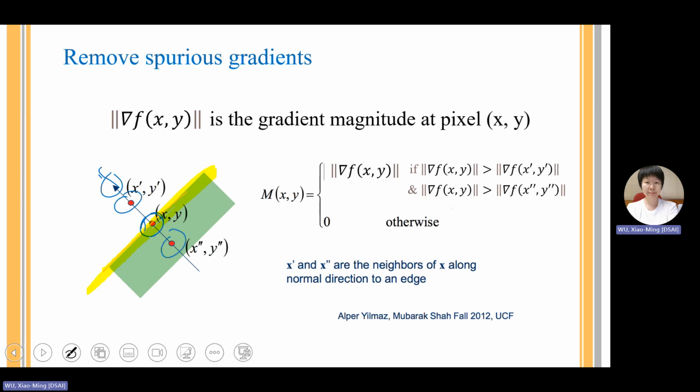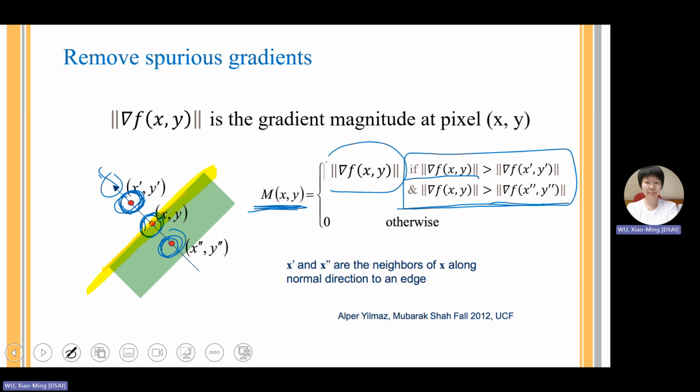If the gradient of the current pixel is bigger than the gradient to its left, and it's also bigger than the gradient to its right, then we keep the gradient magnitude of this pixel.